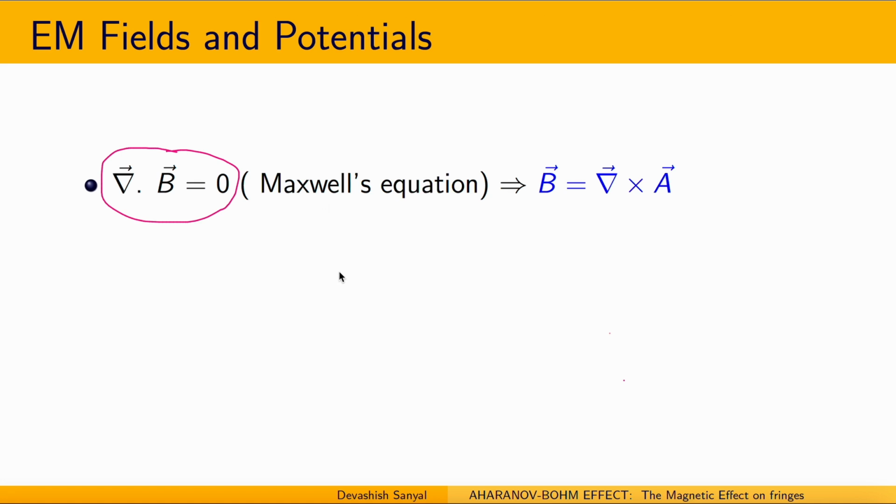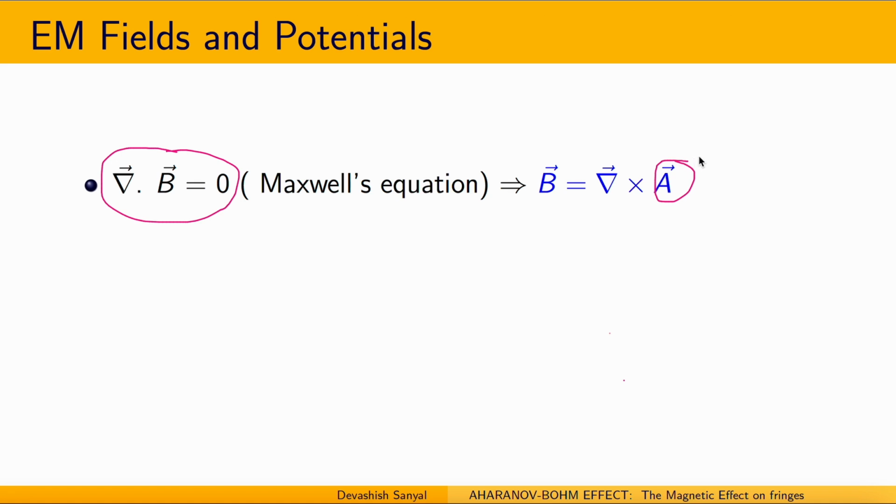This Maxwell's equation immediately leads to B is equal to curl of A. This B equal to curl of A automatically satisfies this Maxwell's equation, because divergence of curl is always 0. This A has a special name.